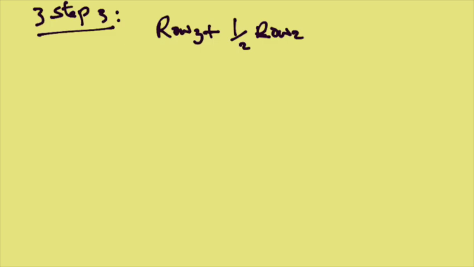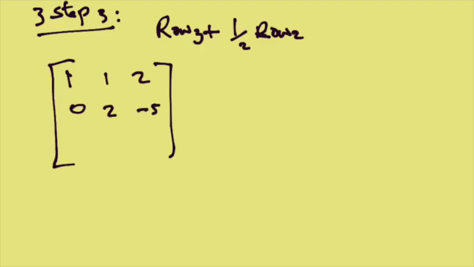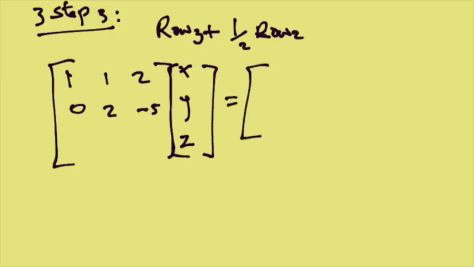So half of row 2: we have 0, 2, 5, with x, y, and z, then 4, negative 12.